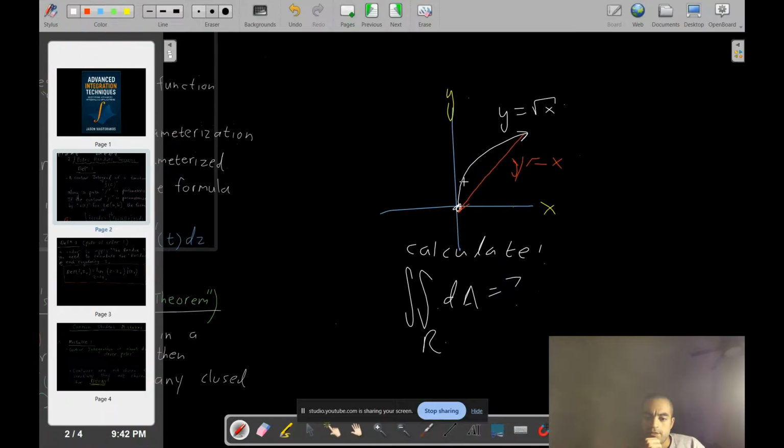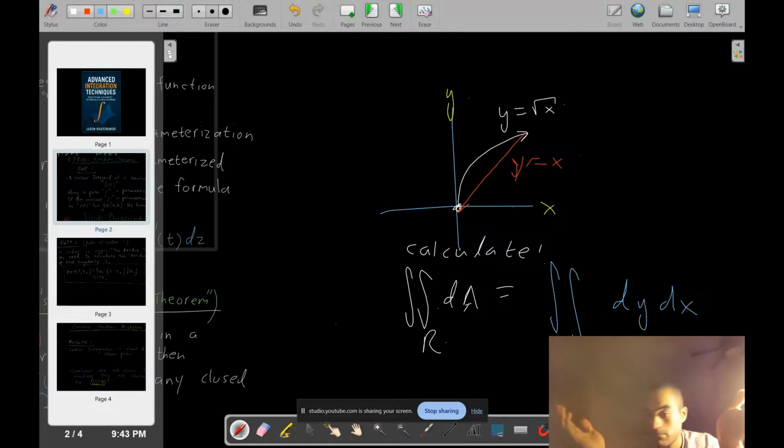So let's say you want to calculate the double integral over the region of dA. You have the two curves, y equals root x and y equals x. Now, first off, since it's written as a differential with respect to the area, this can be rewritten like this. I'm going to go over R of, let's say, dy dx.